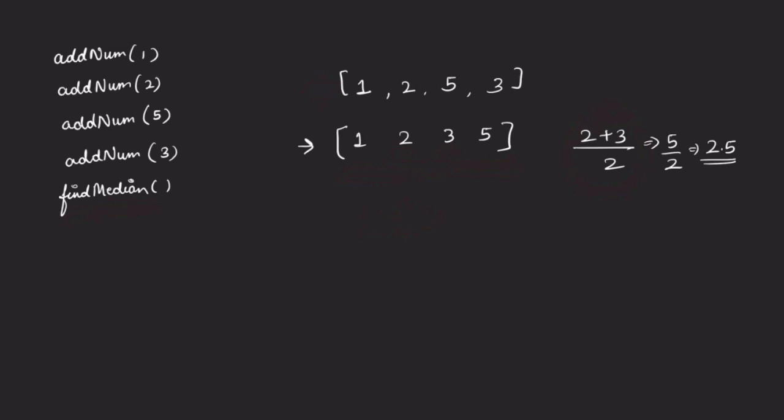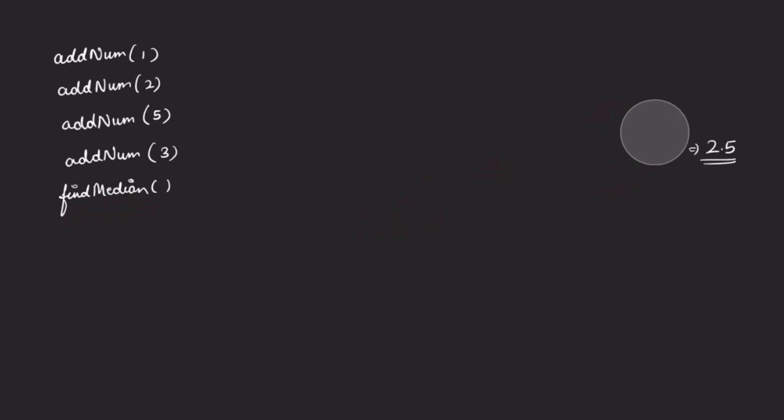So we will have to use some kind of data structure which already stores all of the numbers in sorted order. If we do that, then there would be no need of sorting the numbers again and again when findMedian is called. So for that, we can use a priority queue, a heap. Let us suppose that I am taking a max heap.